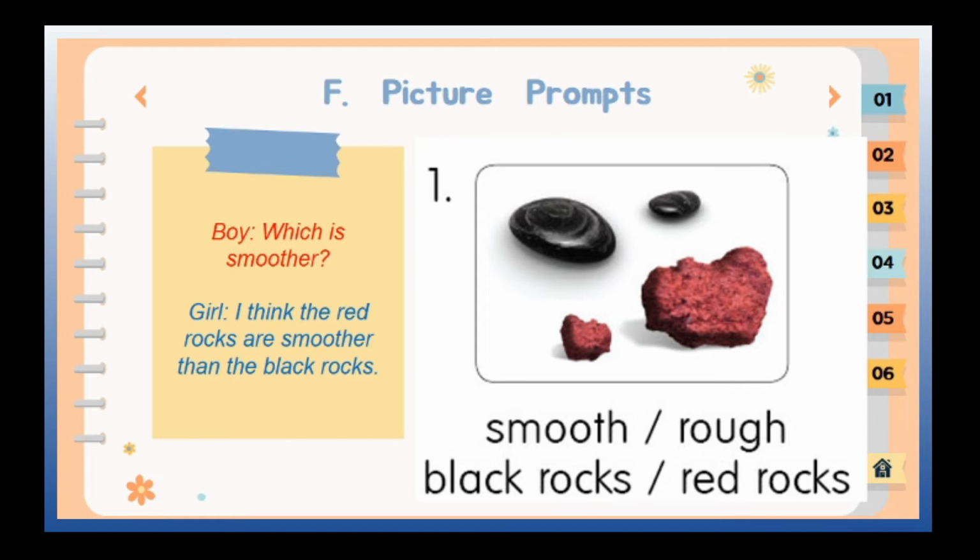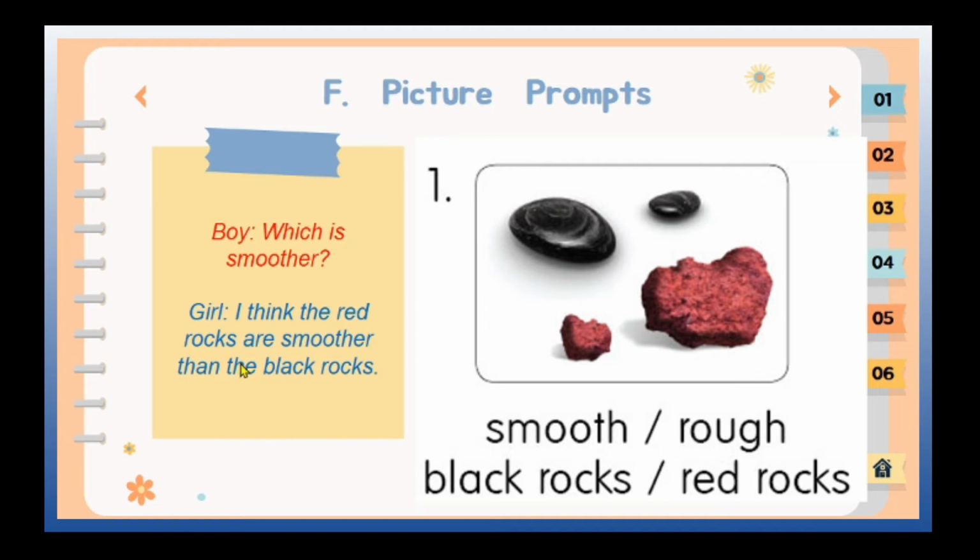Okay. Now let's go to picture prompts. In your book, on page 14, you can see here in number 1, the word is smooth or rough, black rocks or red rocks. Now you have here a sentence pattern. The boy can read the red text and the girls can read the blue text. Now let's read together. Which is smoother?